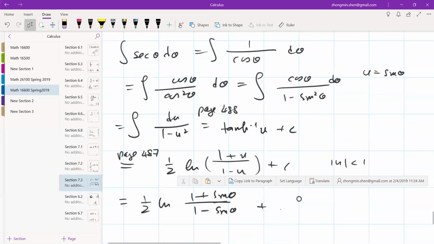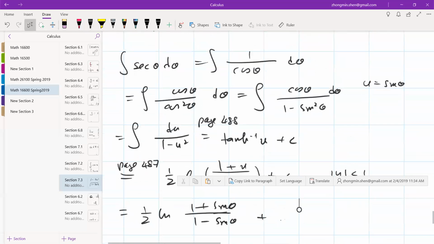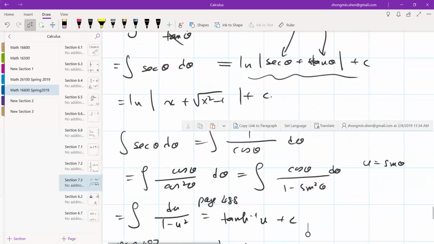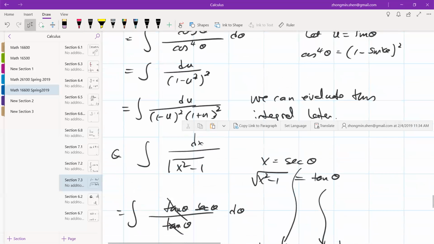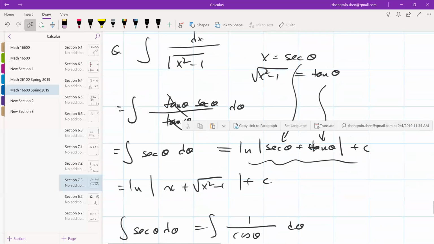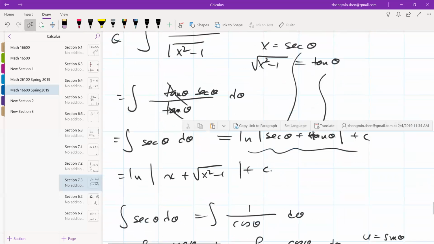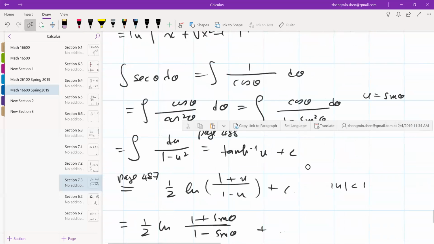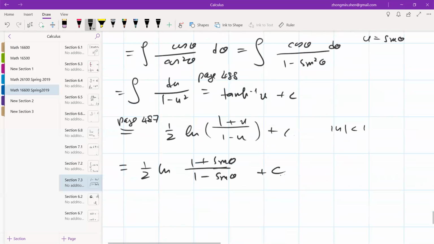So you have to change it to x. So x equals secant theta. So how can I change it to x?